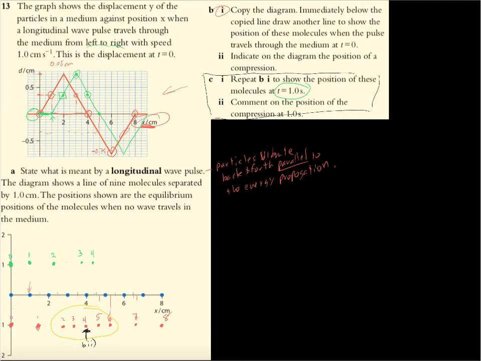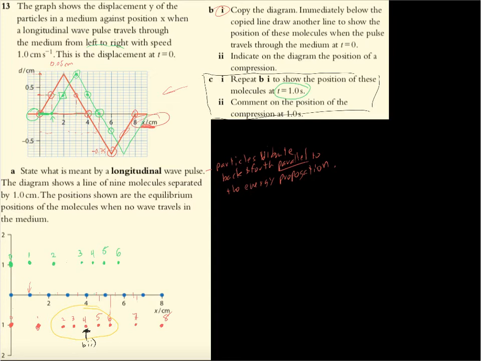Okay, guy 5 right here has 0 displacement. We can see on our graph, so the 5 is going to be right there. The 6 right here now has a negative 0.35 displacement, so he's going to move over to the left just a little bit, like that.